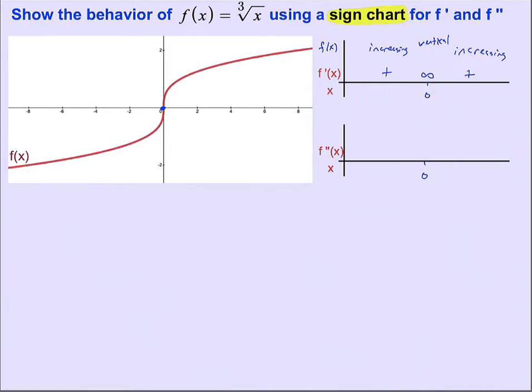So we'll do the same thing where we'll look at what f double prime is before x is 0 and after x is 0. So over here, when x is negative, looking at the graph, we can see it appears to be concave up. The hollow side is facing up, which means, we can write that down first if we want, that the graph is concave up.